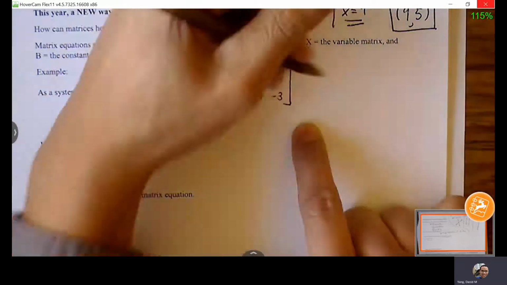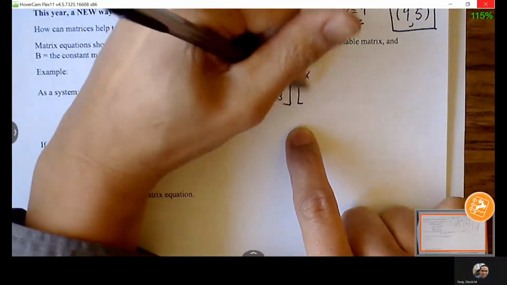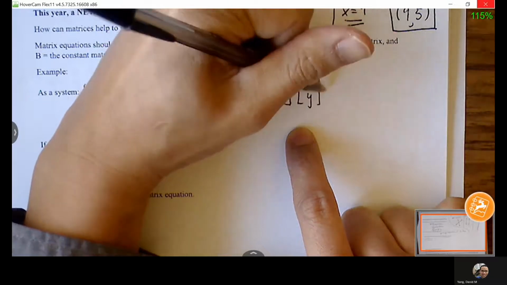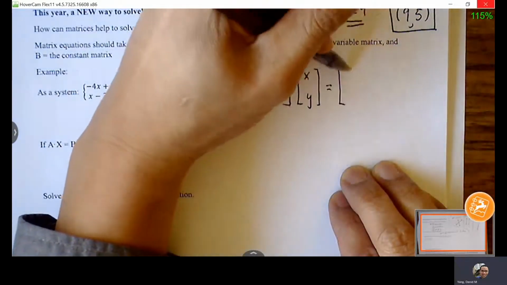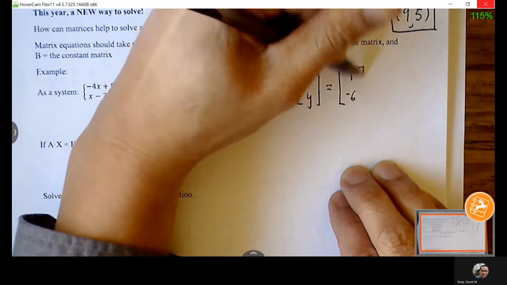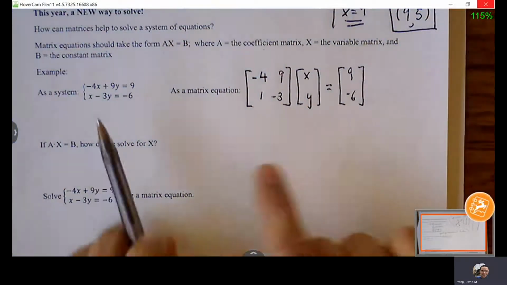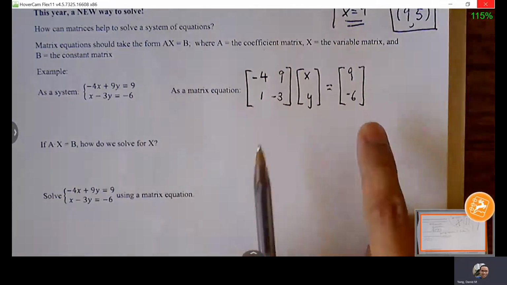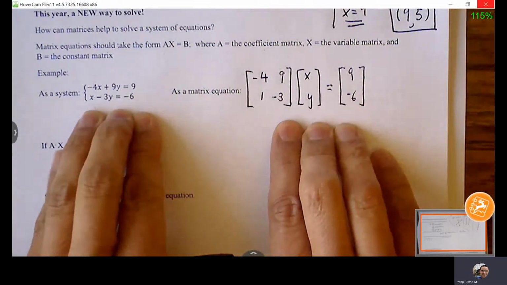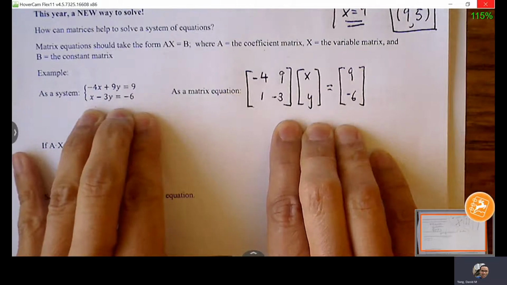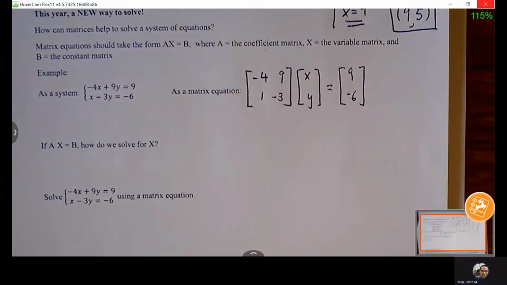We have variables X and Y. And then the 9 and -6. Okay, so look at your system of equations. Look at the matrices that are created. Do you guys see the connection, and do you see how they are being built? Okay. Any questions so far?